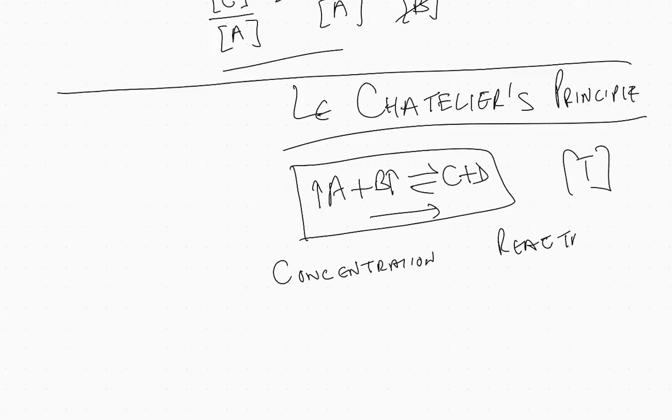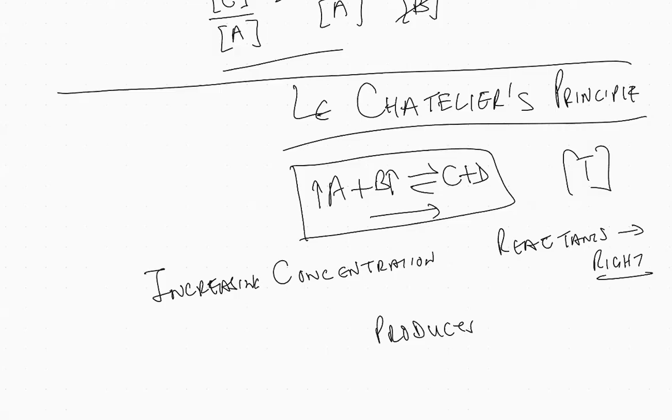The reaction moves to the right. But if you increase the concentration of products, intuitively it moves to the left. The reaction shifts to the left.